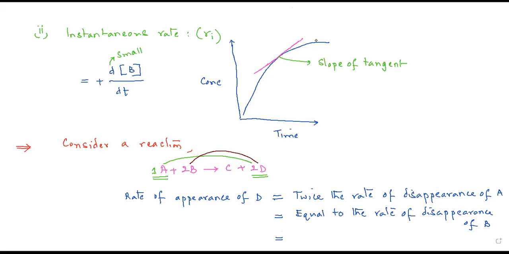Now finally, taking these two into consideration, rate of appearance of D is 2 times the rate of appearance of C. Is that right? Here in case of C, we are taking appearance. Check this out.